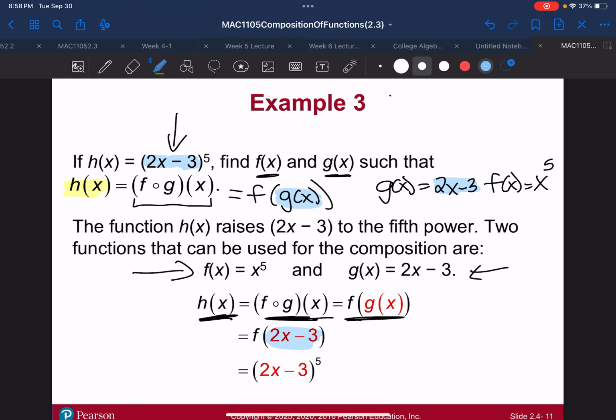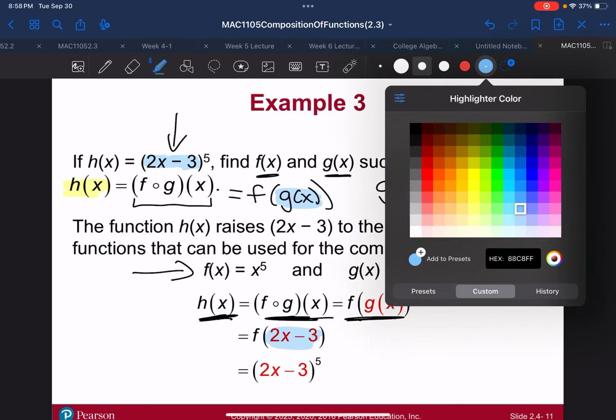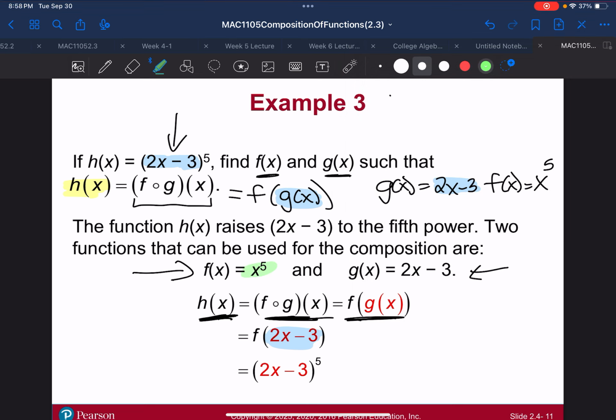So let me plug that into what I said was f, which was x to the 5th. And so that would be 2x minus 3 to the 5th power. So that's correct. So you're just trying to move backwards and find the missing puzzle pieces here to make that composition function.